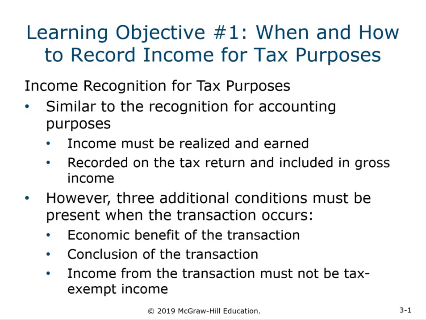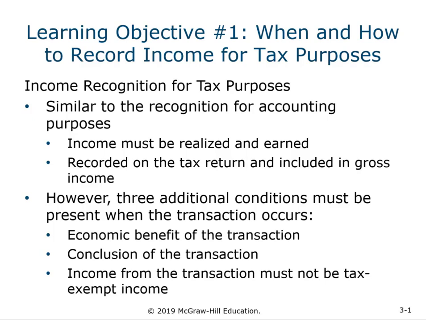Now, remember, the general rule is everything is included unless specifically excluded in the law, but there are some additional rules or hints that help us understand what we mean by including income in our taxes.